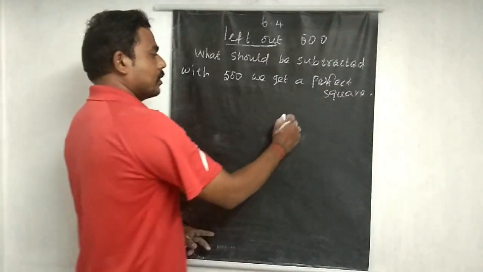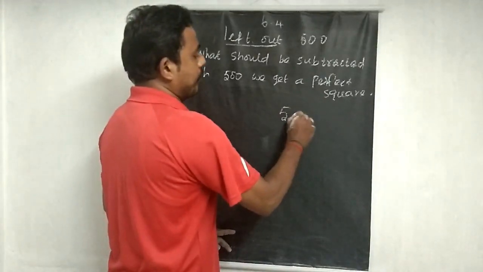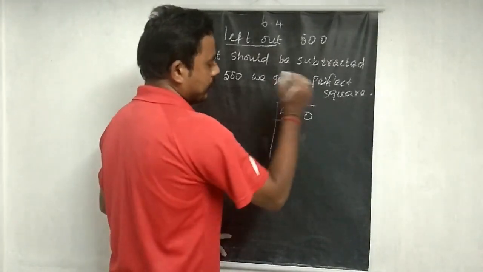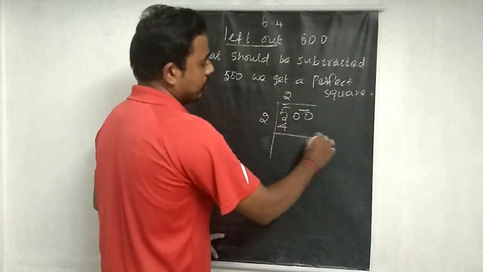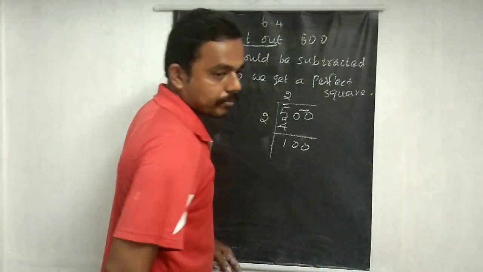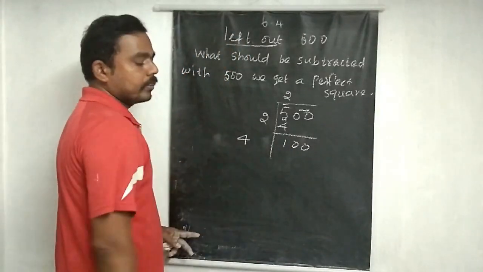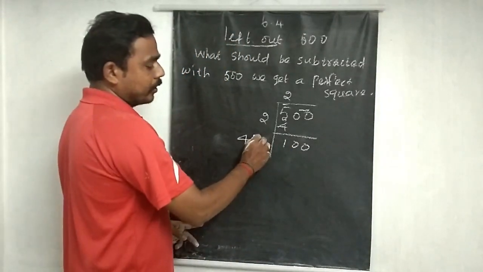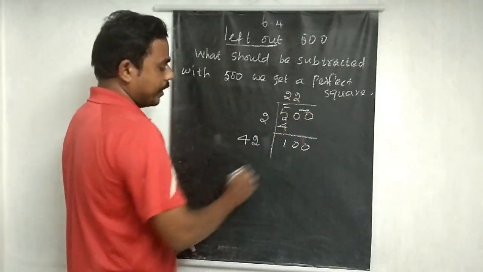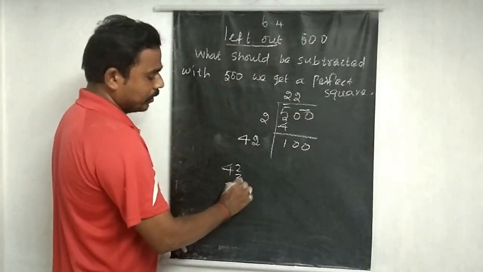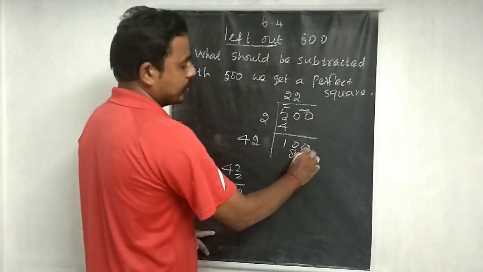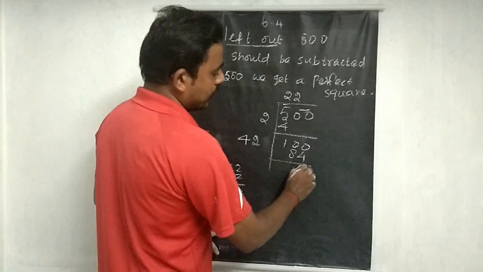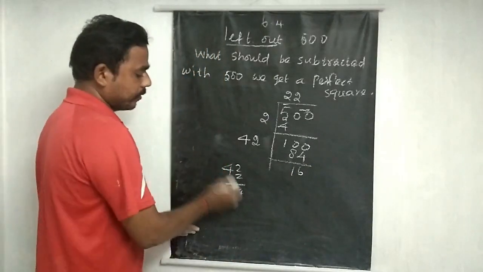So the same long division method for 500. 2 2s are 4. In 1 0. So doubled 4, 4 means here I can use 2. Why? 42 into 2: 2 2s are 4, 4 2s are 8, 16.